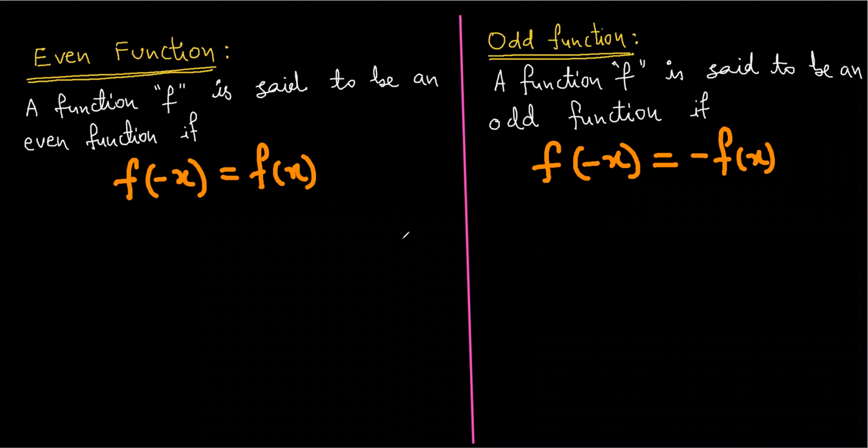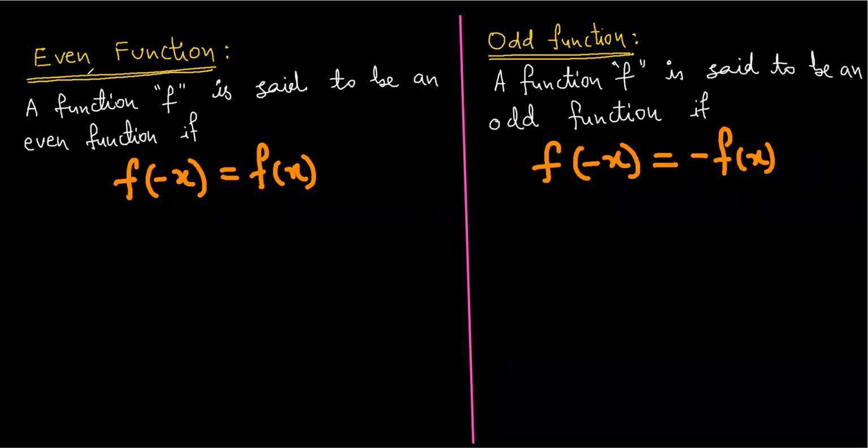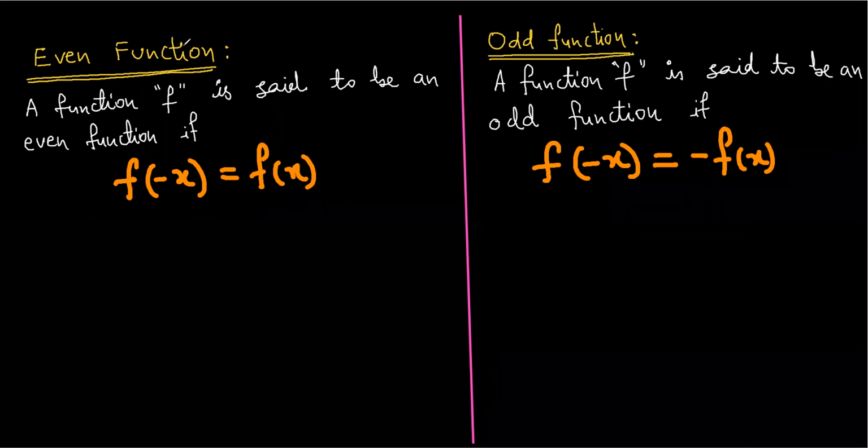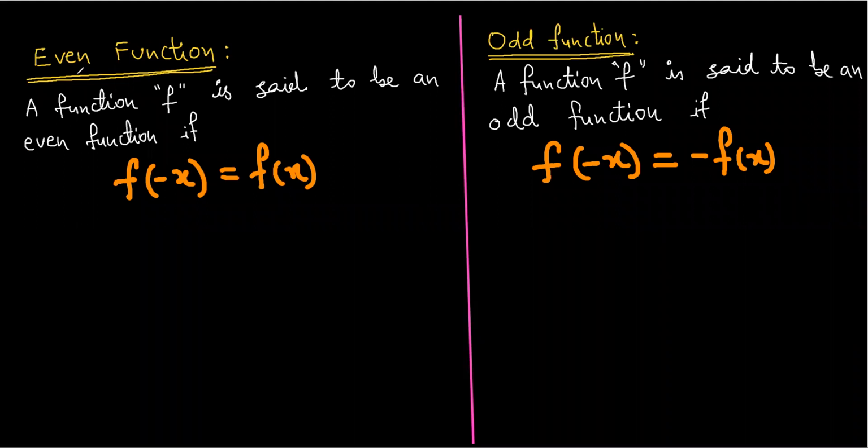Before I take the next property, I shall quickly revise these two types of functions, even function and odd function. We did these in the topic functions in 11th standard.